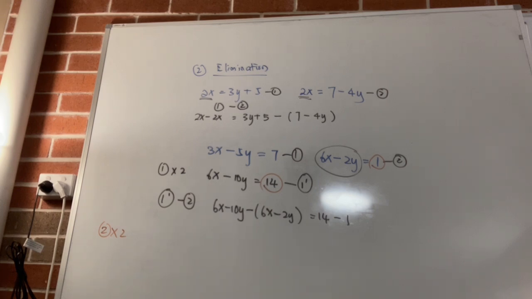Oh yes, your 2, you need to times it to this side as well. You were right before. That becomes 4y. That's where the missing 2 is from.